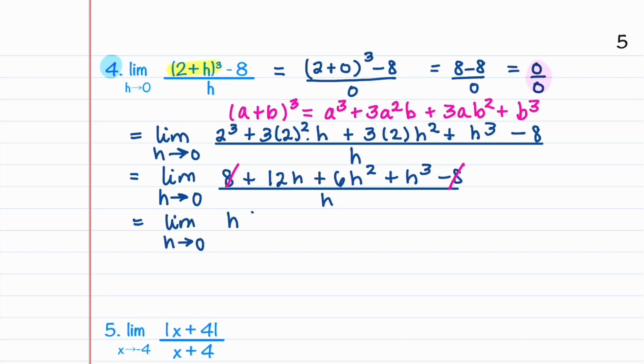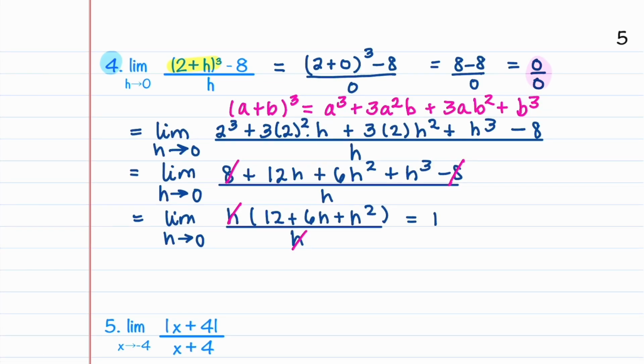We'll pull out an h, and we have a 12 plus 6h plus h squared, all divided by h. Now you can see that our h's cancel, and we can just go ahead and substitute in that h is going to 0. This gives us 12 plus 0 plus 0, so our limit is equal to 12.